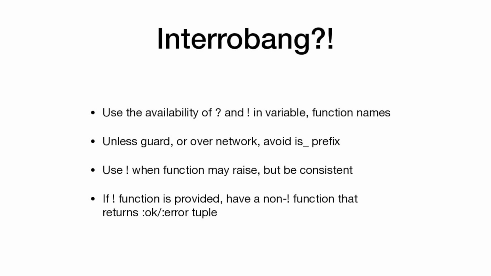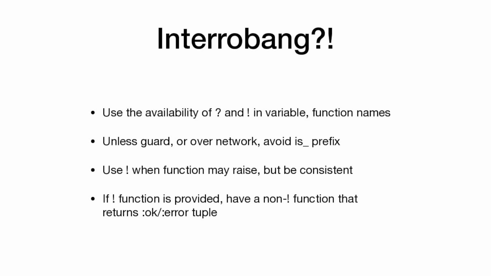And you can also do that in variable names. I find that really helpful when you're just quickly glancing at code, trying to figure out what's going on, to have that little bit of insight from the syntax. And similarly, if you put a bang next to the function, it's idiomatic for that to be a function that raises some sort of exception.